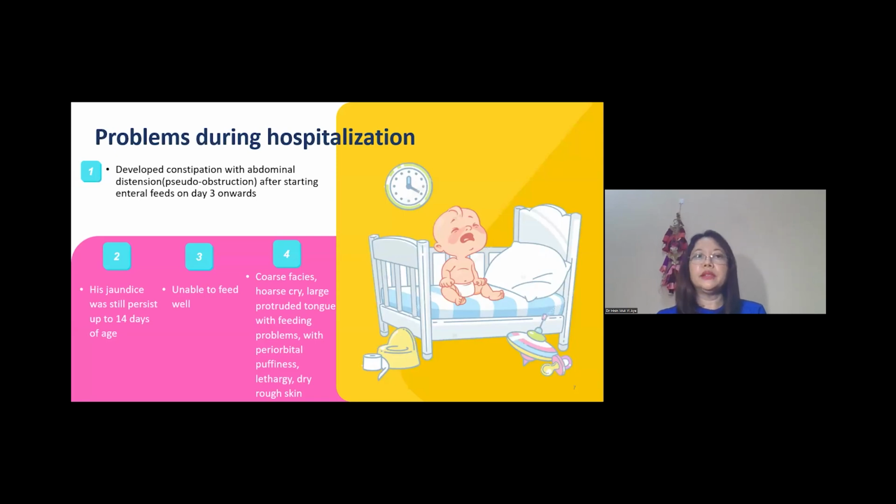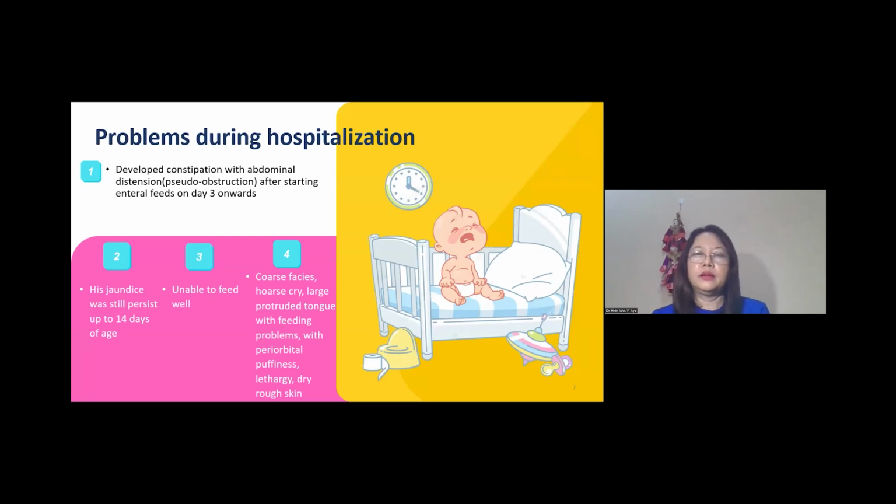The infant developed constipation with abdominal distension, resembling pseudo-bowel obstruction, after starting enteral feeding from day 3 onwards. The baby's jaundice persisted up to 14 days of age, and the baby was unable to feed well.